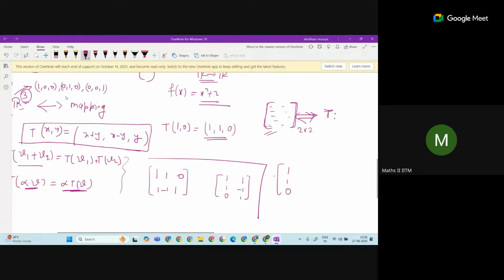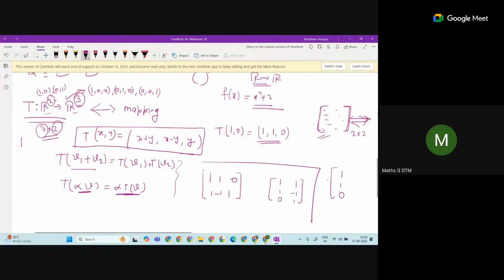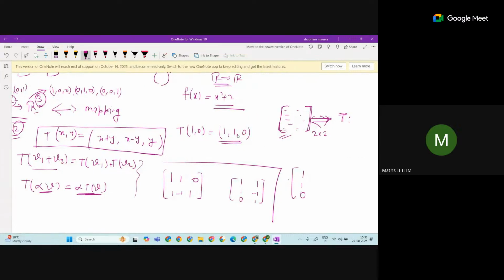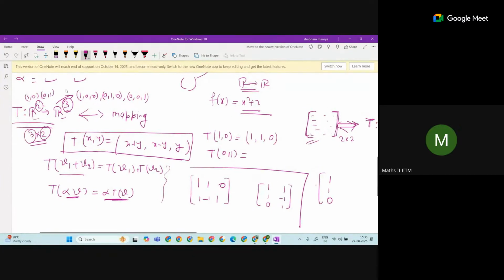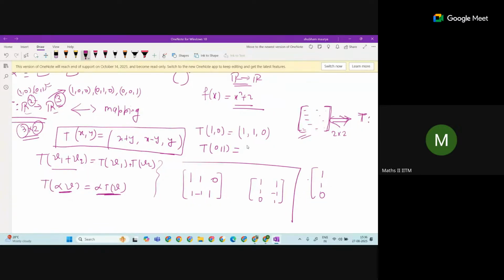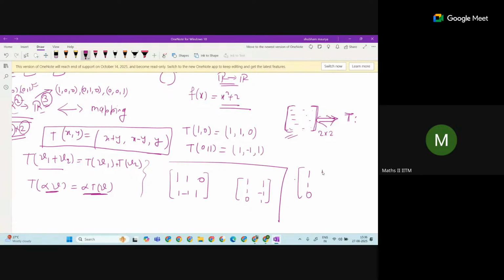Otherwise, if you're not able to recall that, you can quickly say in your mind that the image is similar to this one, and then you can take the second image. This is going to be the image of the second canonical basis vector, which is (1, -1, 1), and now you write it vertically.